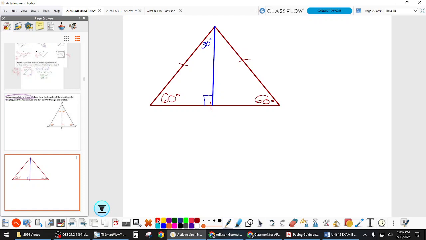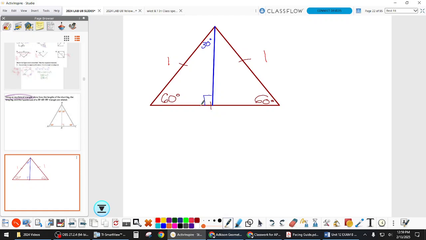Next, if we call each side length 1, remember how we did that on the 45? We just drew a 45 triangle and called one of the legs 1, okay? So we're doing the same thing here. How long is this piece if we do that?